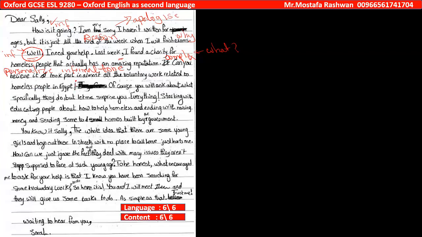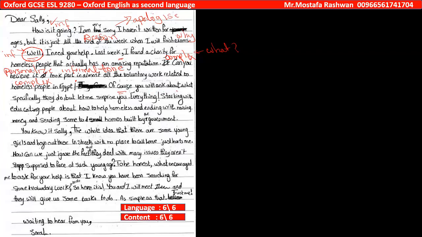Full stop. So again, he used complex sentence structures, and this is a good way to get the full mark. Of course, he again started his sentence with introductory phrases like well and like of course.